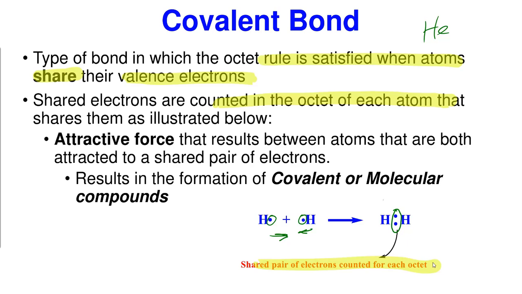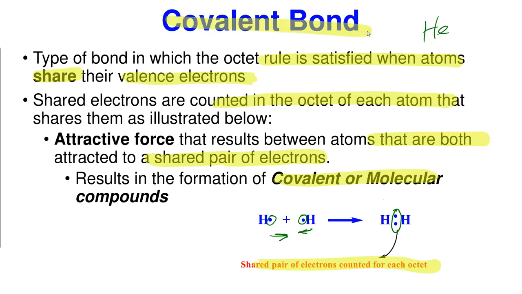Here, both hydrogens have achieved their octet number of 2 without having to lose anything. Instead, both of them have shared the electron. Now, the attractive force that forms when atoms are both attracted to this shared pair of electrons is what we call the covalent or molecular bond. This attractive force is what we call the covalent bond.